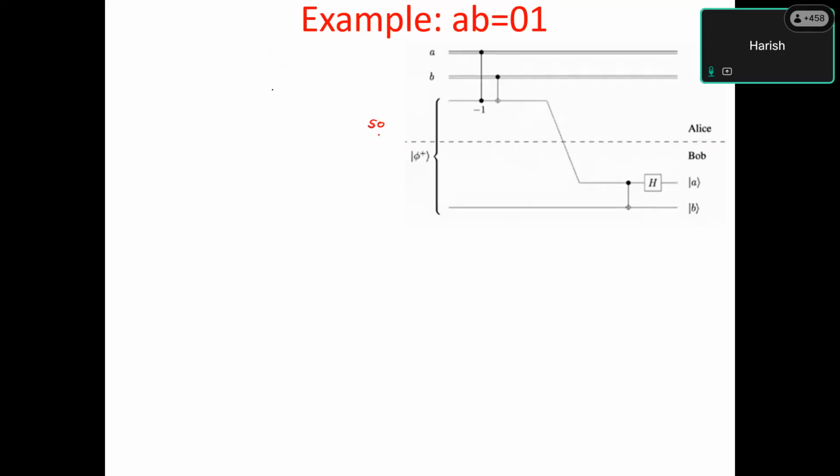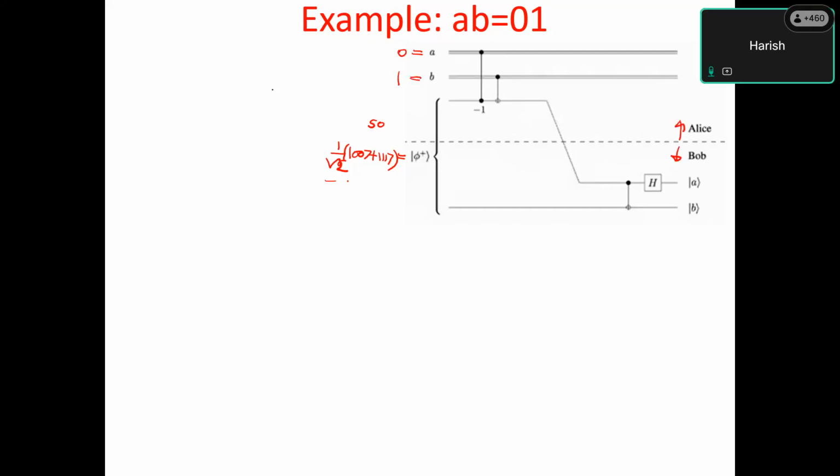Step 0, what we are having is phi plus, that is nothing but this state. A is 0 and B is 1. So we are initializing, we want to send this. This part is Alice, this is Bob.